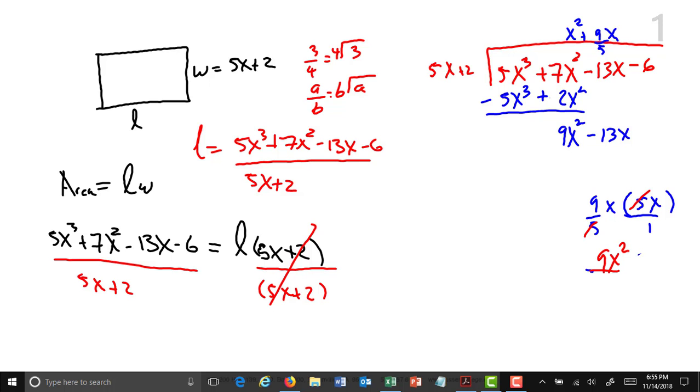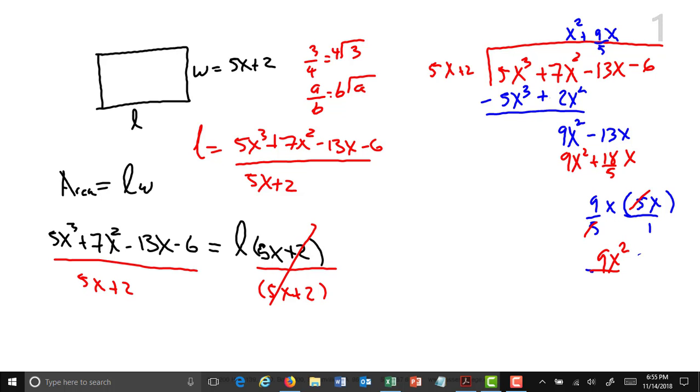I know, it's cool. So now here I go. I multiply that times that. I hope you see that I will get, in fact, a 9x squared. This might be kind of ugly because I have 9 times the 2. So now I have 18 fifths x.